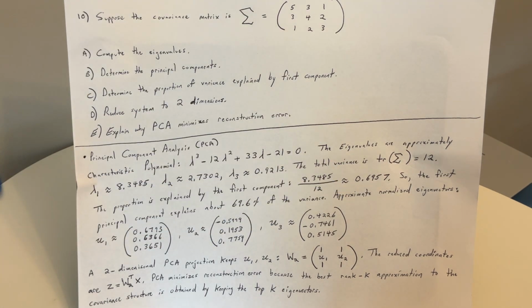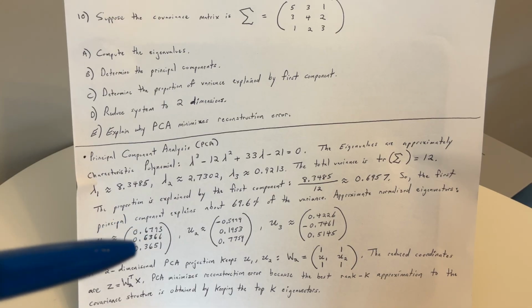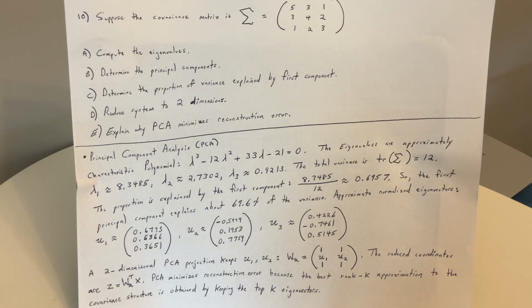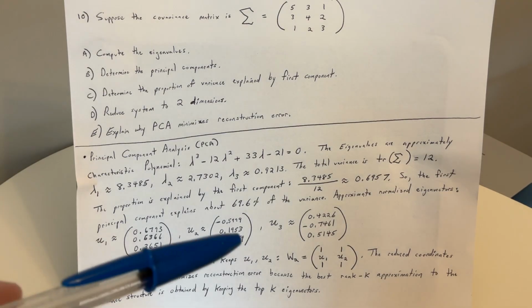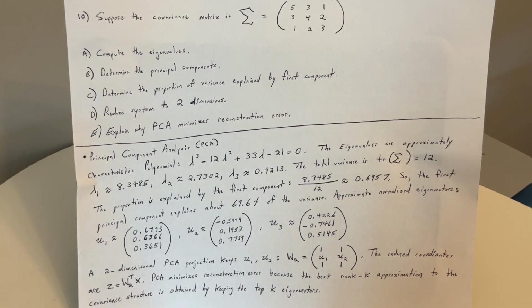And approximate normalized eigenvectors: u sub 1 equals first row 0.6793, second row 0.6366, third row 0.3651. For u sub 2 is about first row negative 0.5999, second row 0.1953, third row 0.7759. U sub 3 here, first row 0.4226, second row negative 0.7461, and third row 0.5145.